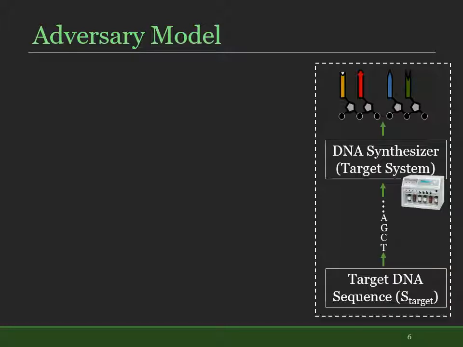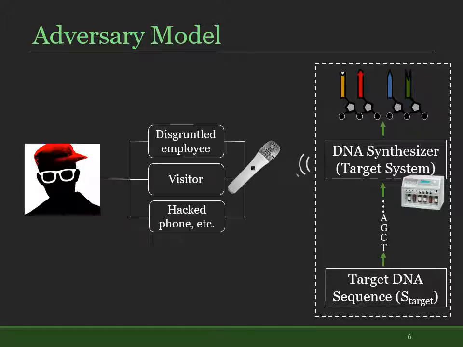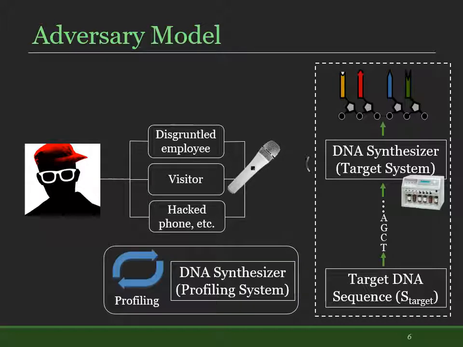In order to attack a target DNA synthesizer, we propose that an attacker can simply place a microphone in close proximity to the DNA synthesizer and record the acoustic noise while the machine produces DNA sequences. In this scenario, the attacker can be a disgruntled employee, a visitor who leaves his phone around the machine, or even a compromised electronic device which might be present in the environment that the DNA synthesizer works.